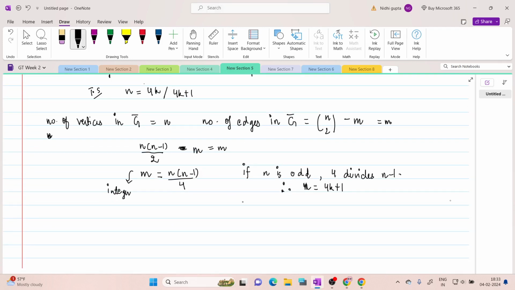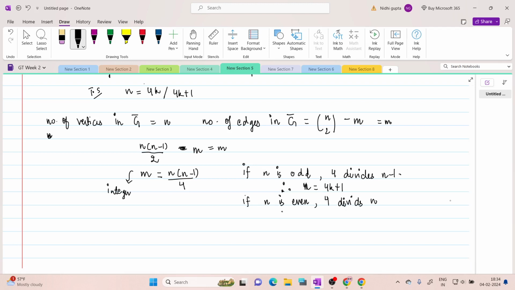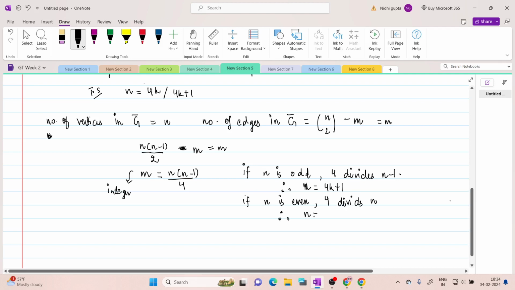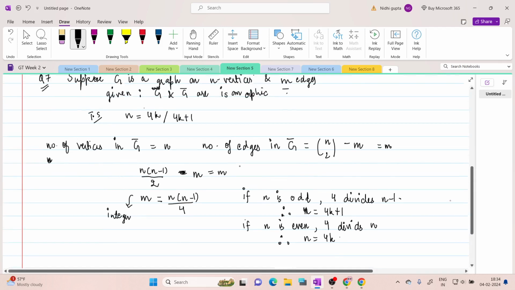And if n is even, 4 divides n, and therefore n is equal to 4k. Therefore we get what we wanted.